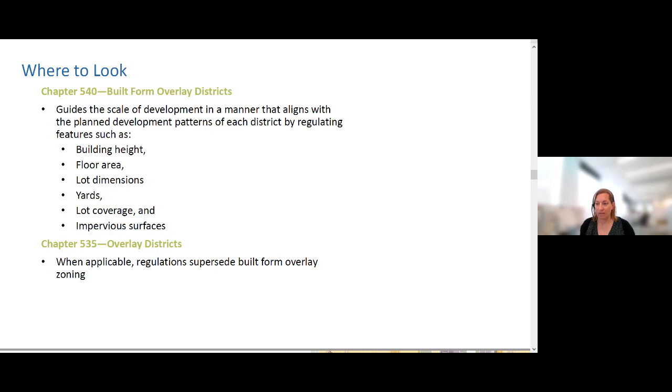Now they are all together in this chapter, with the exception of regulations that are specific to other overlay districts. That's not a built form overlay district. If a property is in another overlay district, especially one that's tied to a body of water, you'll want to check for any built form related standards, since these supersede the built form overlay district regulations. Next slide, please.